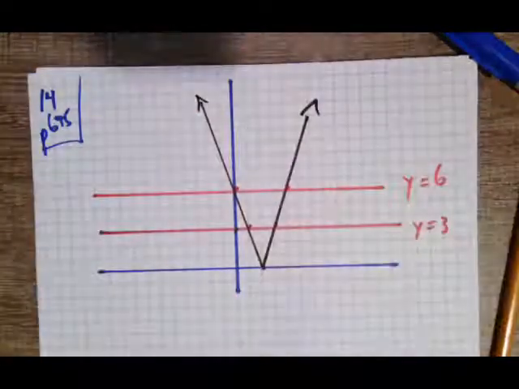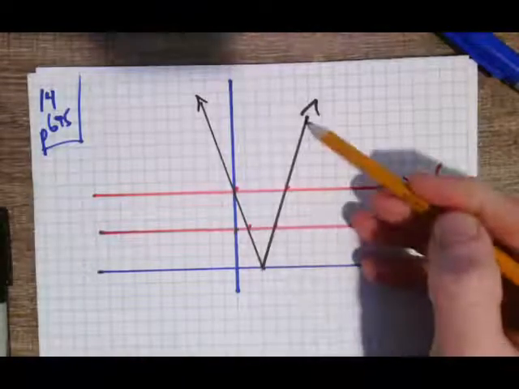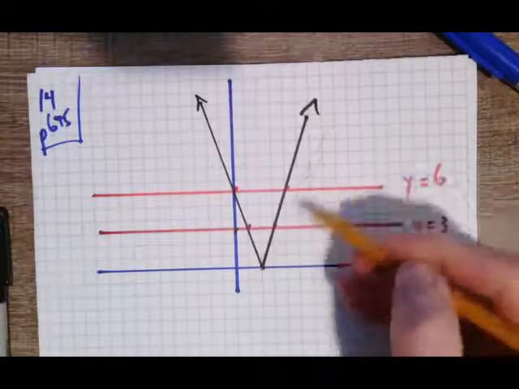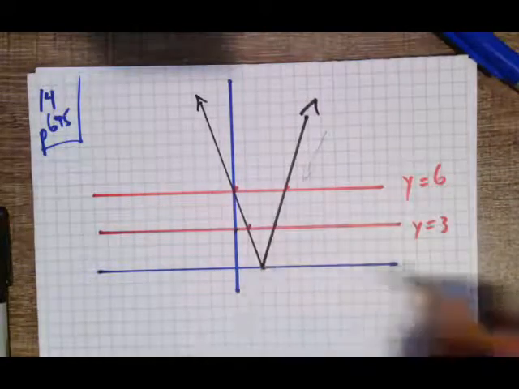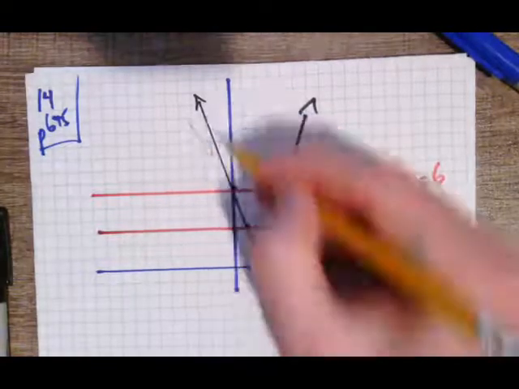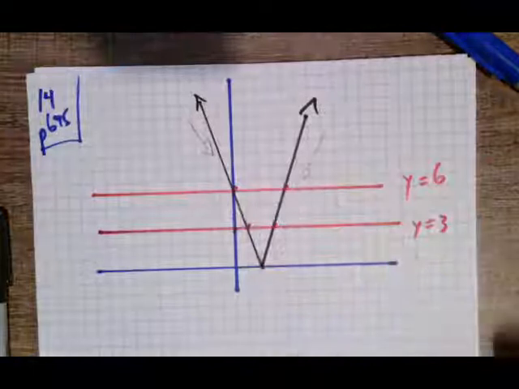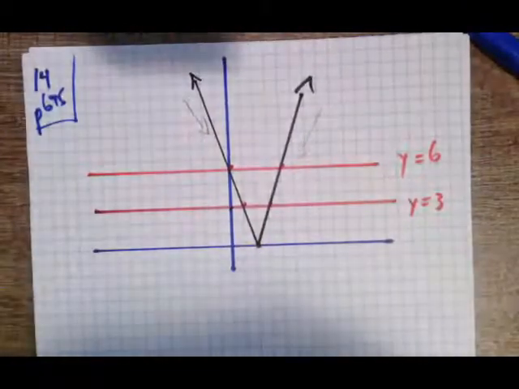Okay, now the point is, we don't know if this line here is heading this way, coming down and bouncing off the x-axis and going up that way, or if it was starting this way and it bounces that way. That's why there's two possible solutions. So it says, what is an equation for the function?